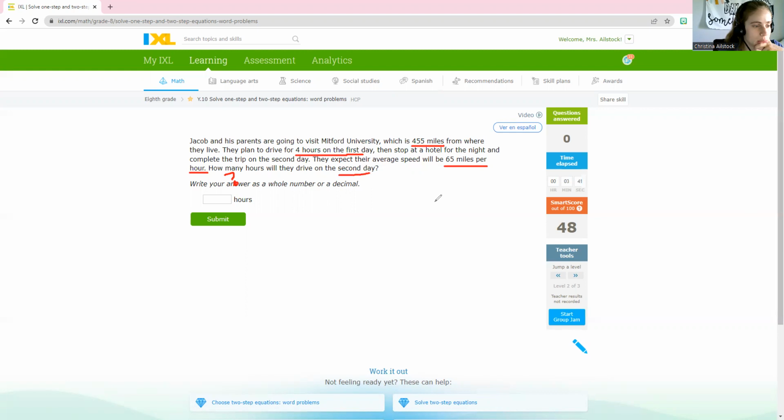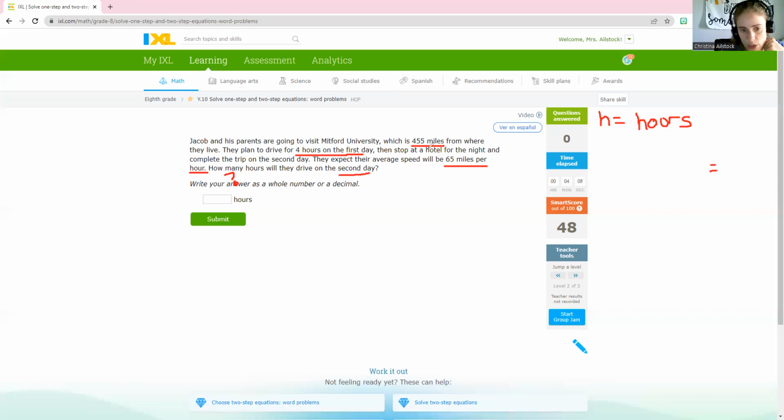All right, well, we got to pick our variable this time. We want to know how many hours they will drive, so let's use H for hours. It says that this university is 455 miles away.